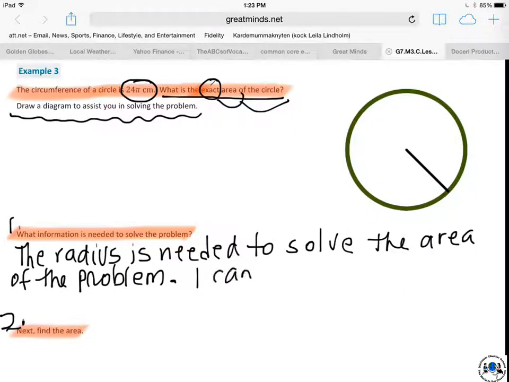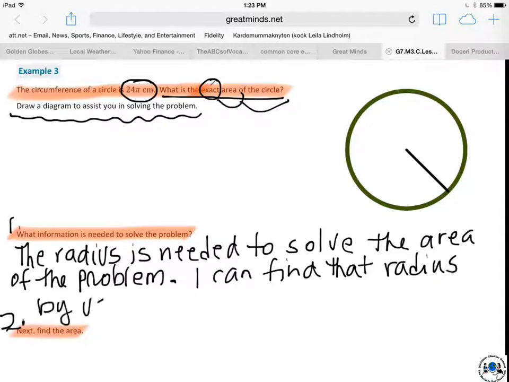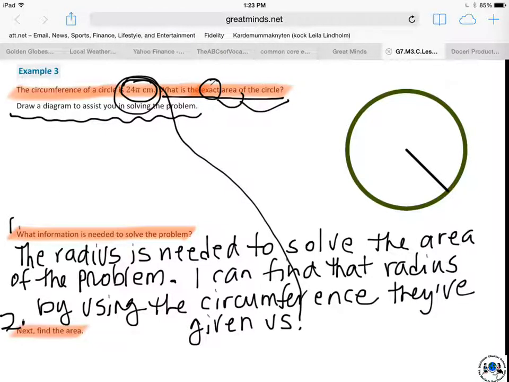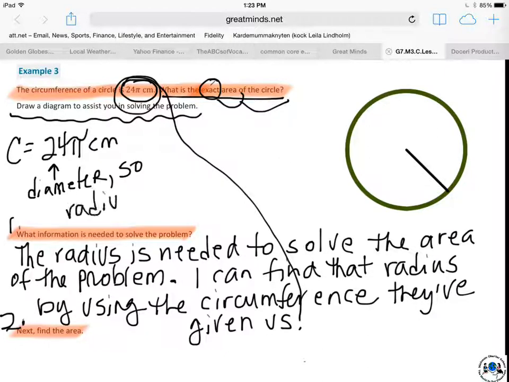Alrighty, so I can find that radius by using what I've been given, and that is the circumference that they've given me. Okay, and that is right there. 24 pi centimeters. Now what that 24 pi centimeters means to me is that if 24 is the diameter, the radius is 12 centimeters.